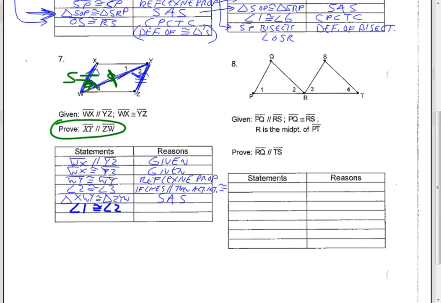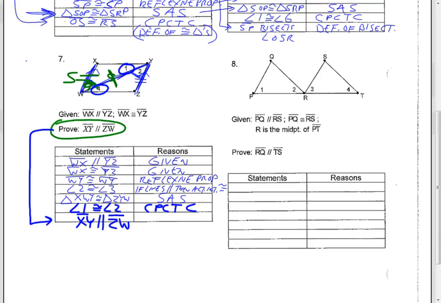What have we been using as our justification after proving the triangle is congruent? You know that that's what you're going to do right after proving the triangle is congruent. That still doesn't get me what I want. I'm saying that that's equal to that, but look what I'm trying to prove. I'm trying to prove that XY is parallel to ZW.